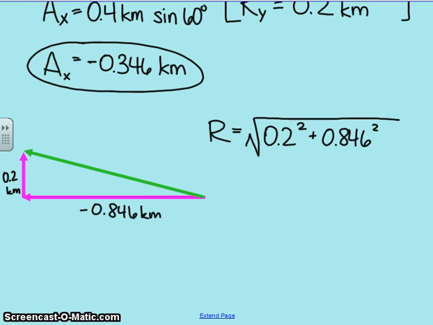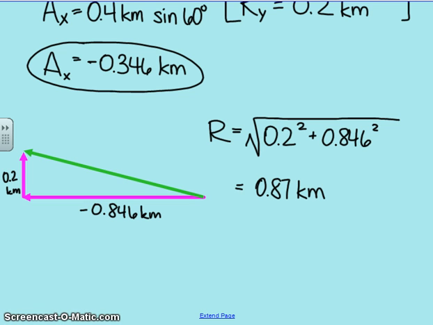I'm very careful when I do this to ignore that negative sign, because if we don't ignore that negative sign on the 0.846, sometimes we forget parentheses and we end up getting a wrong magnitude. When I do this on my calculator, I find that the magnitude of the resultant is 0.87 kilometers.